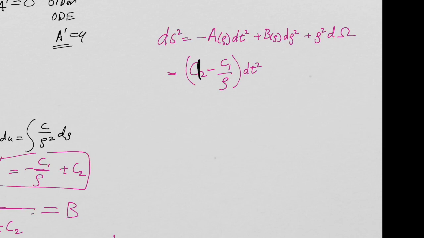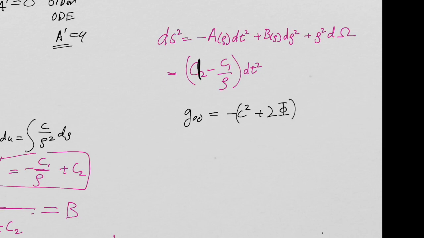So the other thing we remember from the Newtonian limit was that G00 has to equal minus c squared, minus or plus 2 times the Newtonian gravitational potential.